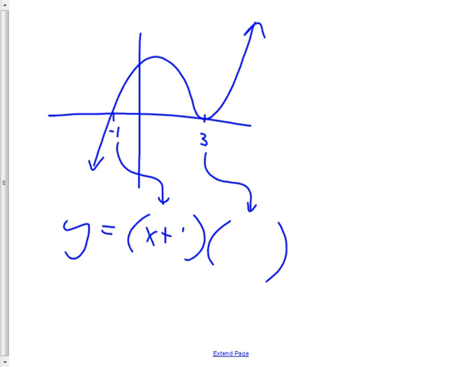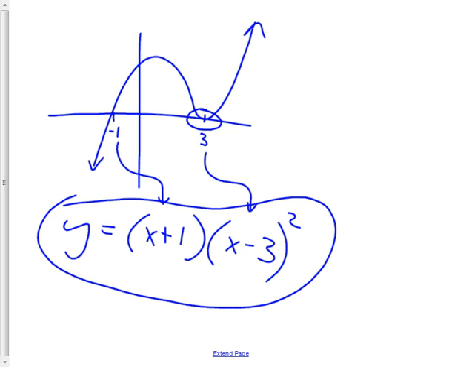Hopefully you wrote x plus 1 for this one. And hopefully you wrote x minus 3 for that one. And one more thing. Squared on this one because it's a bounce. There's the equation for the graph I just made.